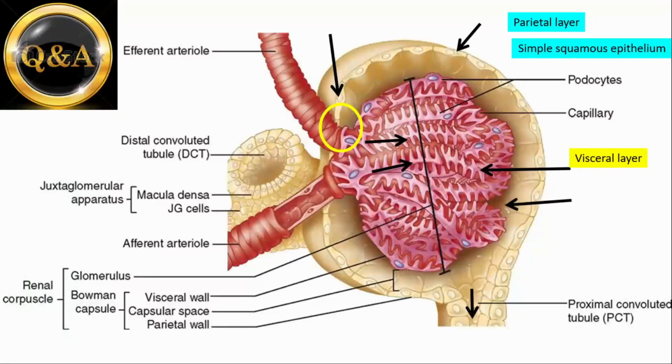This space is going to contain fluid that is filtered out of the glomerulus, and then this fluid is drained out of the renal space to a set of tubules, the beginning of which is called the proximal convoluted tubules.